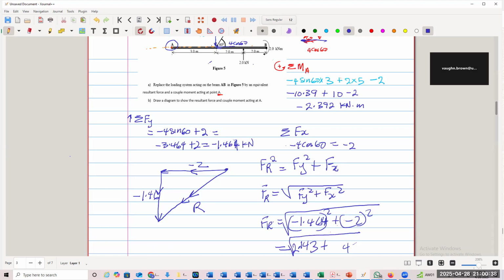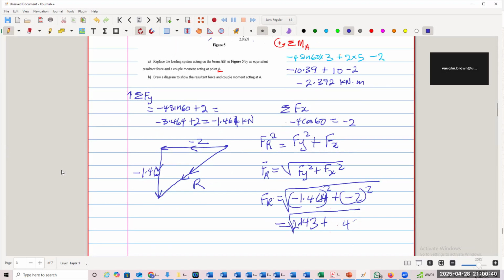Sum it with the 4 and take the root. So you're getting the root of 6.143, which gives you 2.47 kilonewtons.